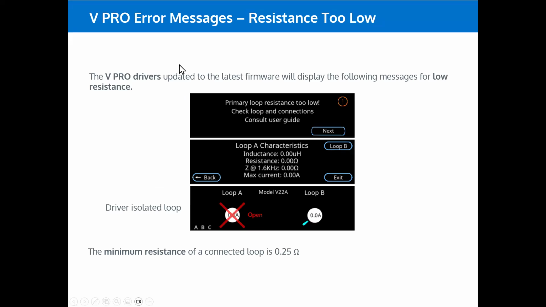So conversely to the high resistance, you'll have another message that comes up in the vPro drivers where it says that the resistance is too low. The reason for this can be, again, a short somewhere, or a very short loop.